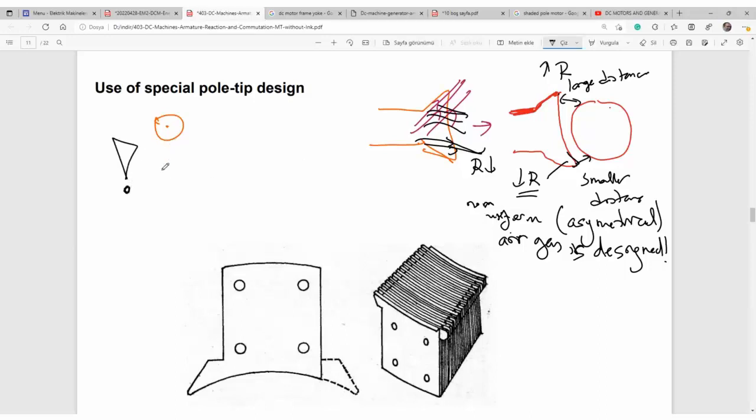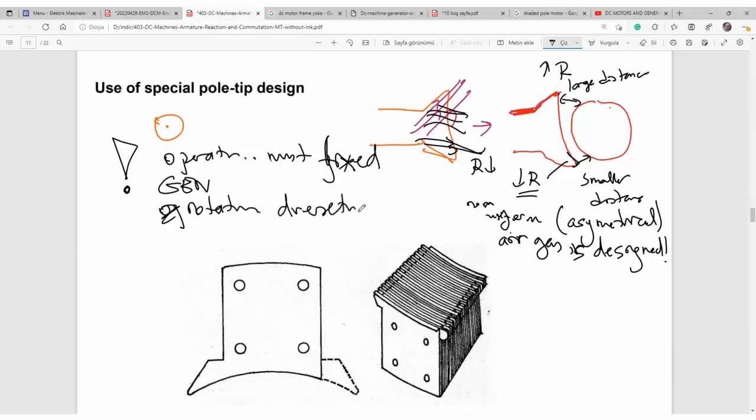Machine operation must be fixed. For example, it was a generator, and the rotation direction and EMF polarity must be fixed.